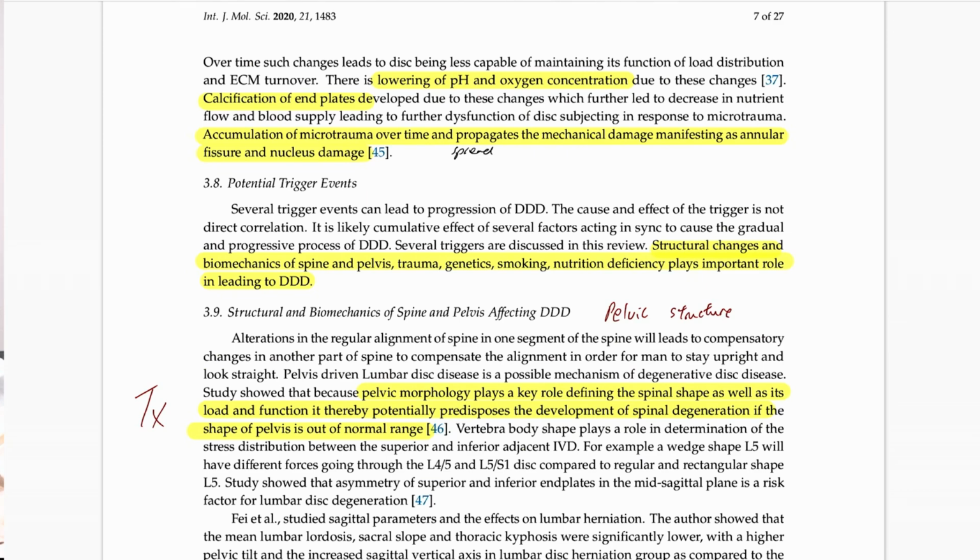What happens is there is a lowering of pH level and oxygen concentration, and this leads to calcification of the end plates. And if there is an accumulation of microtrauma to the spine over time, it would spread the mechanical damage, manifesting as annular fissure, meaning tearing of the disc, or damage to the nucleus.